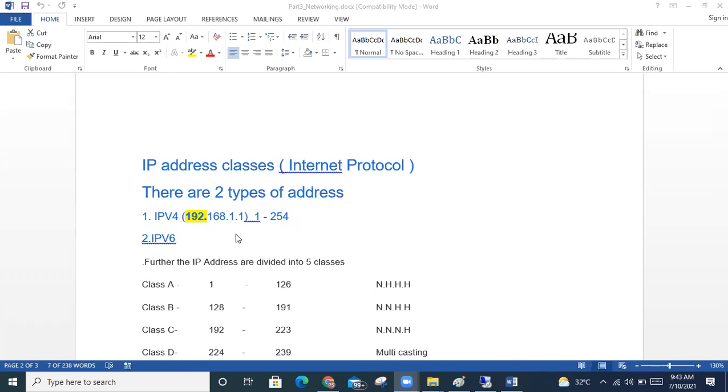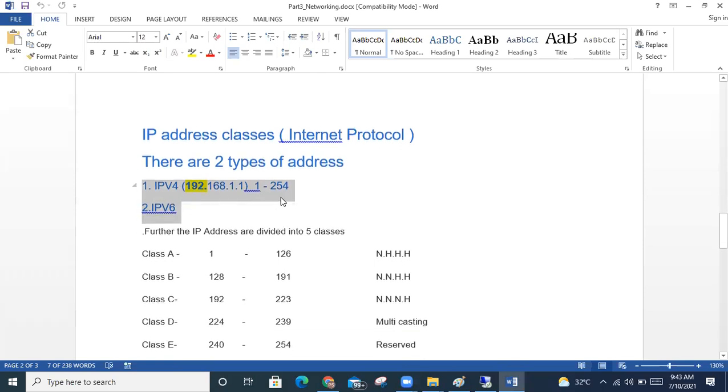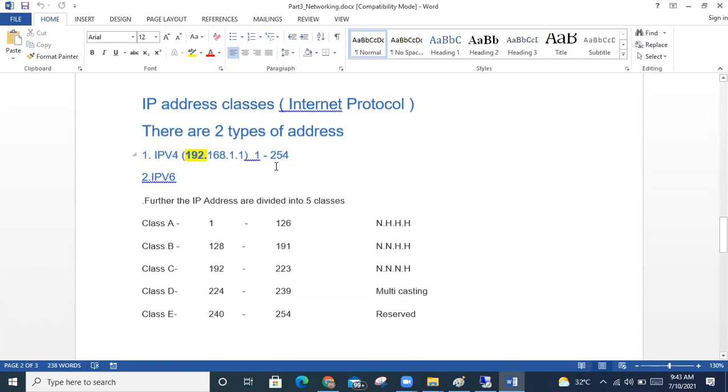There are two types of IP addresses, IPv4 and IPv6. IPv4 comes from a 1 to 254 range. An IP address is divided into five classes: class A, class B, class C, class D, class E. If the first digit of the IP address is between 1 and 126, it is called a class A IP address.